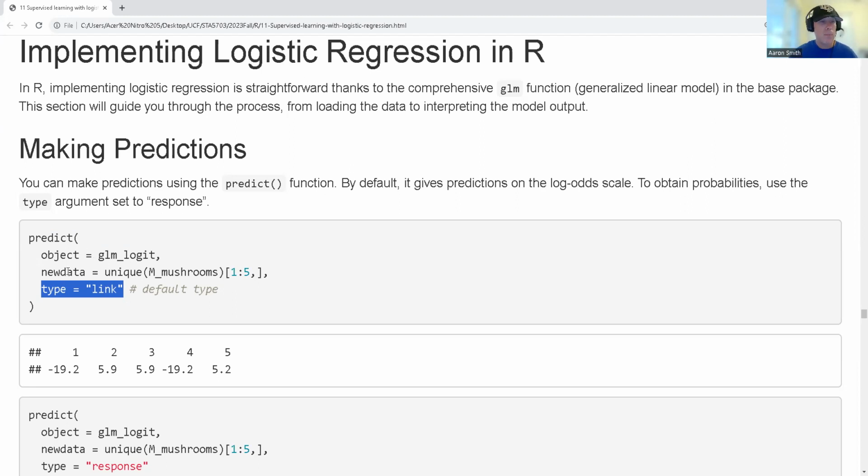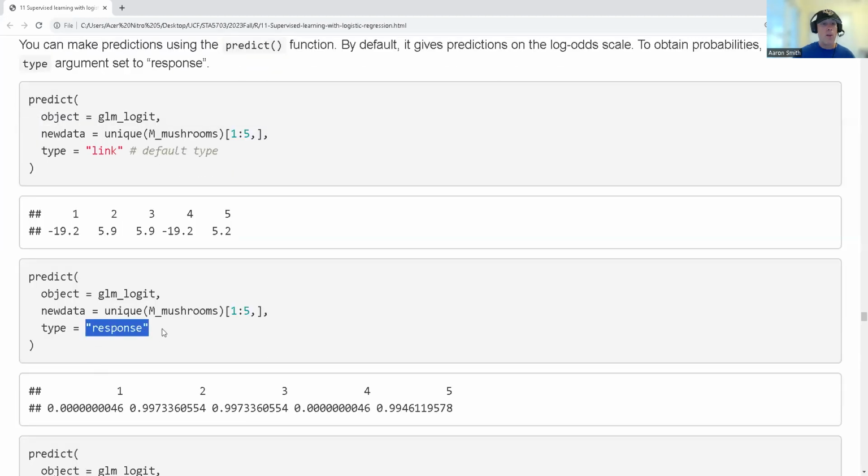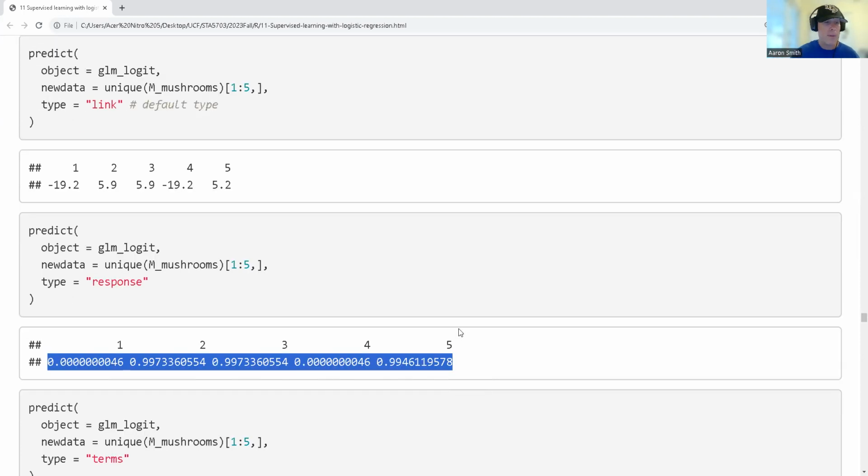So the default of the predict function when I put in a generalized linear model is to get that log odds, not the probability that I actually want. If I want the actual probability, I have to put in response for the type. And now, boom, you'll notice I have a bunch of probabilities. Hey, now that's going to be easier for me to interpret as a human being.